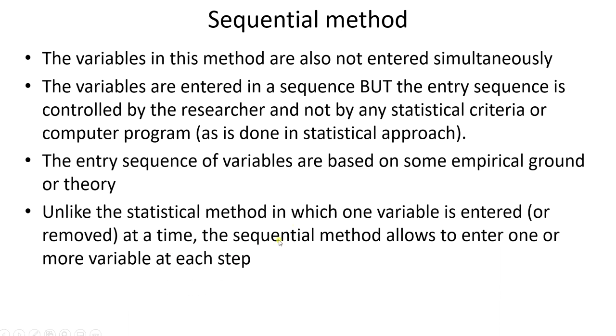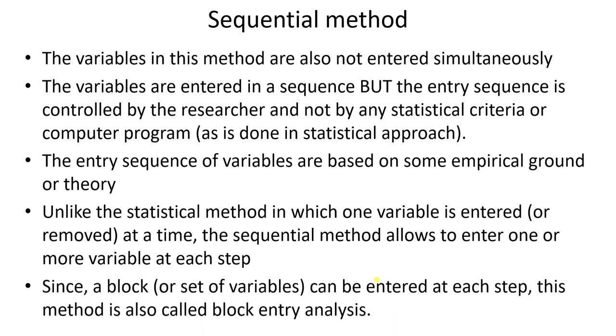So what I said is written here: unlike the statistical method, we can allow several variables to be entered at one step. Since a block or set of variables can be entered at each step, this method is also called block entry analysis, because we are entering the variables in blocks.